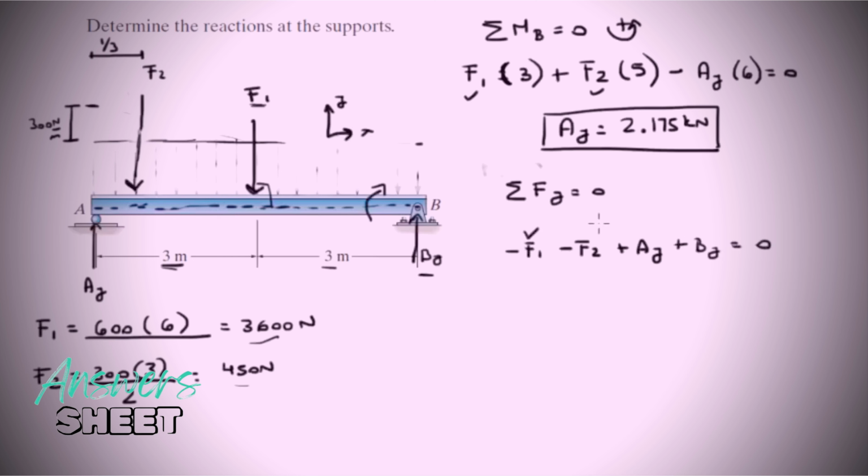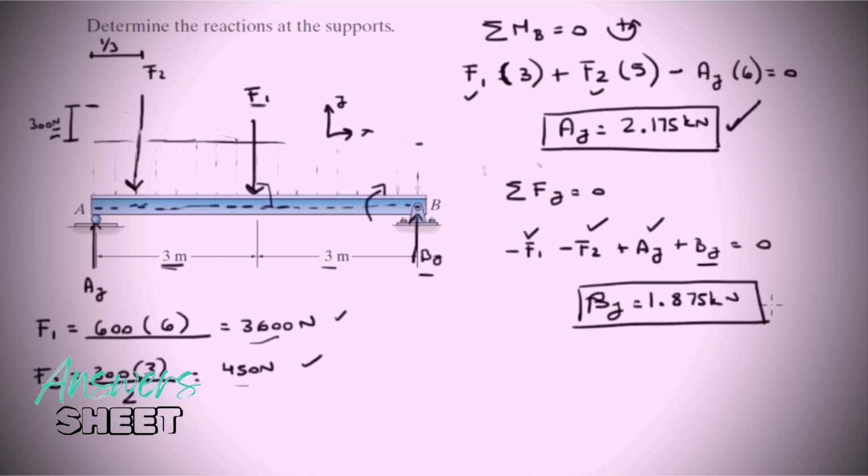You have F1 and F2 already, 3600 and 450, and we just found AY a second ago. So you replace them, and the only variable you have is BY, and you solve for BY, and you get that BY is equal to 1.875 kilonewtons.